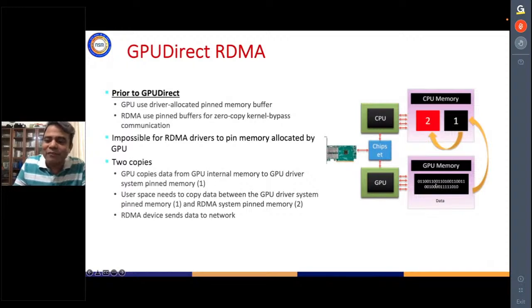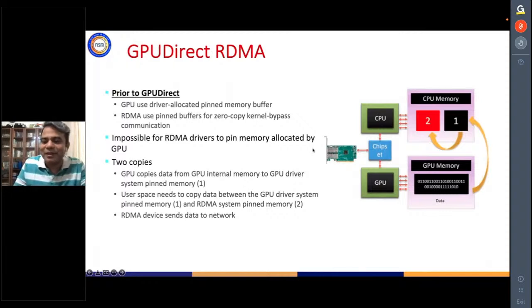When you want to send data from GPU memory, you will need to copy the contents of the GPU memory into the system RAM, into the area which is addressable by the GPU, and then a memory copy needs to be done between that area and the RAM area which is addressable by the network card. You need to do that copy, and then the network card can do a DMA operation, which I explained in the previous slide.